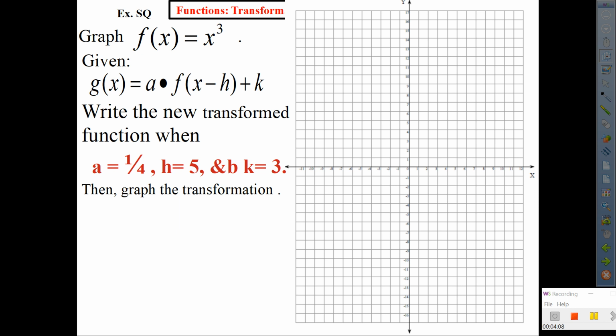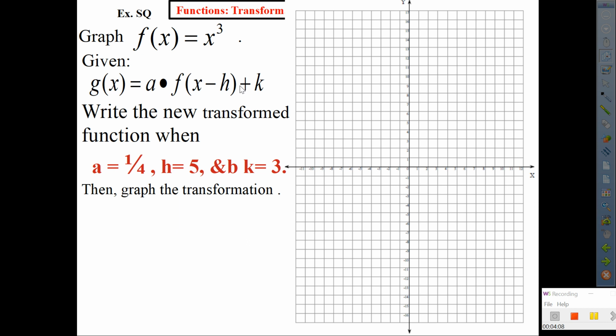I think Brooke got this. So what do you think, Brooke? What's going to happen to our graph according to those parameters? It's going to stretch vertically and then move down 5 steps. Have you got that? Yes? Okay.